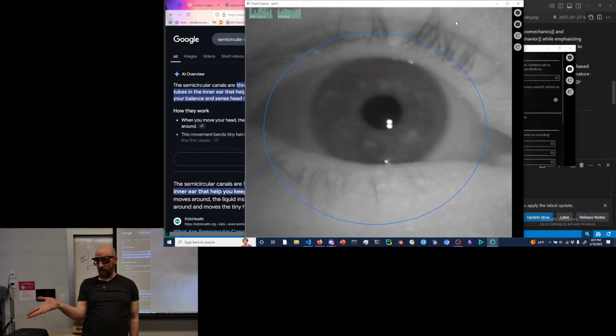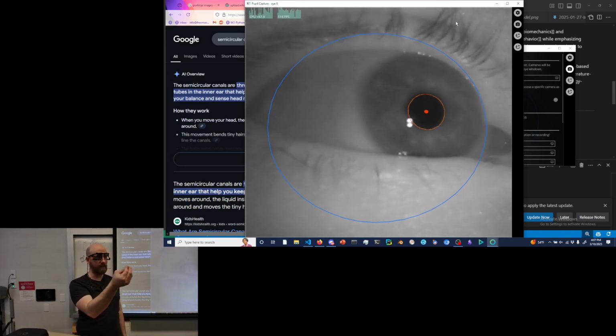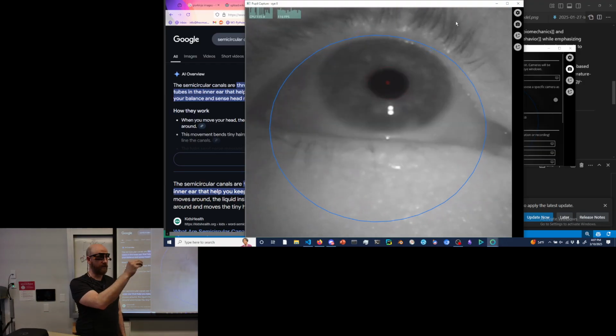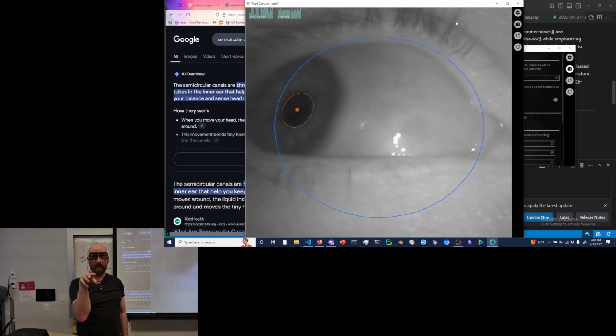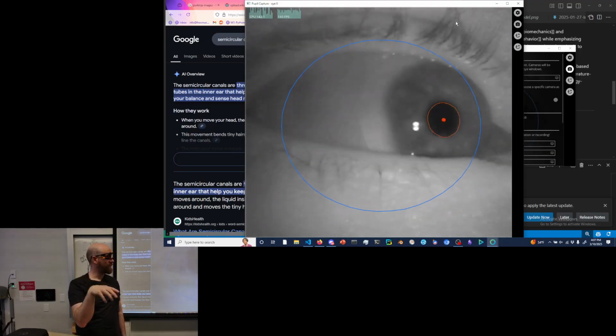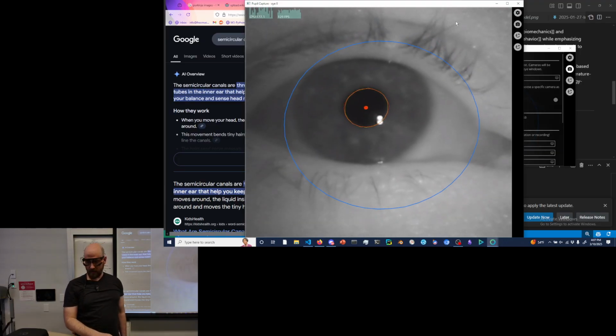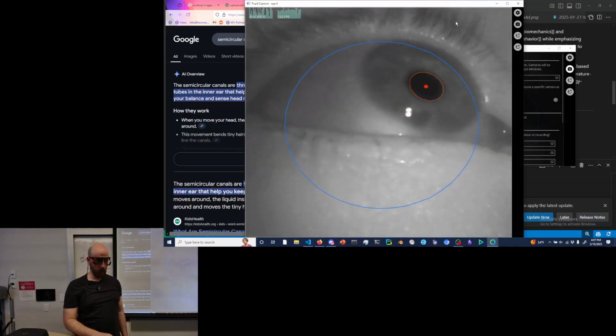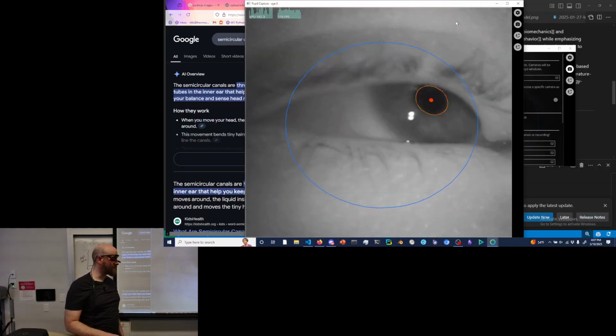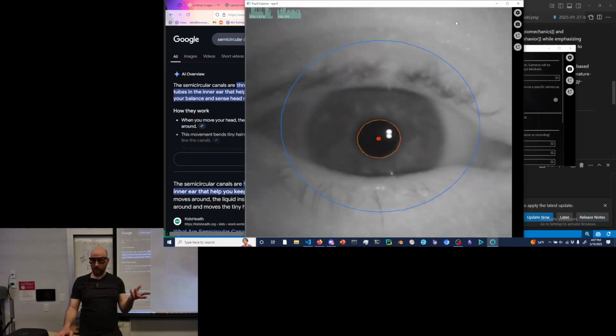One other piece: you have the fast eye movements of saccades, these jerky, jittery movements. You have the slow movements of the vestibular ocular reflex, and there's a couple others too.